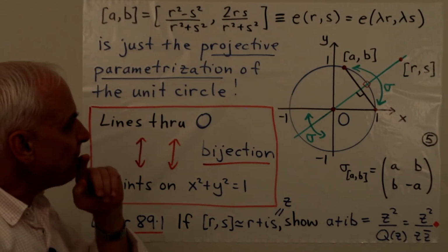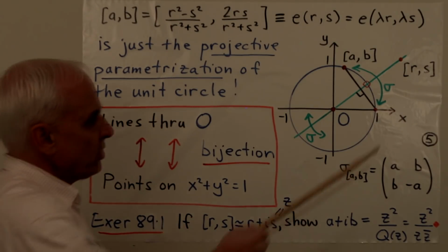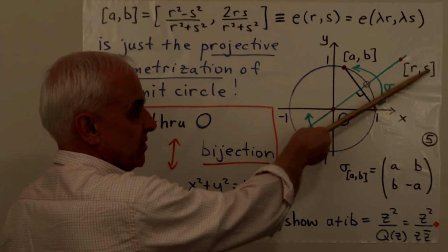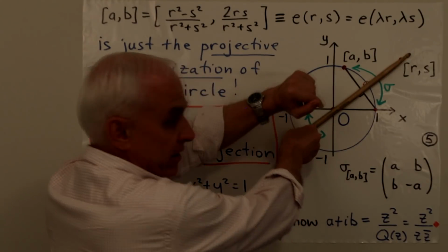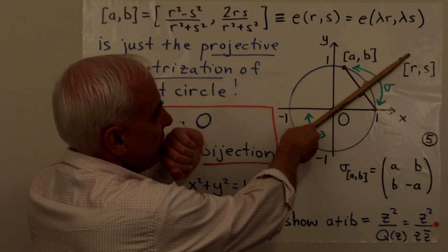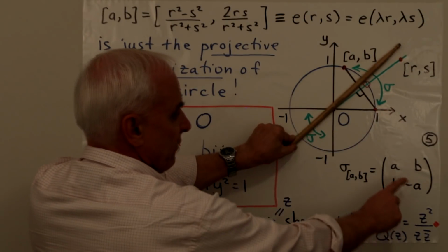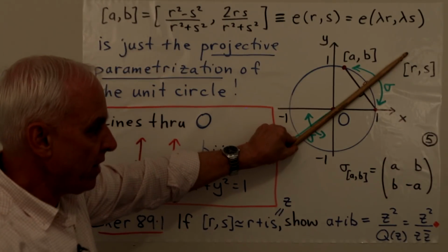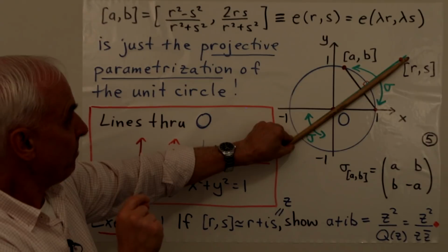Okay, so adopting this purely rational point of view, what have we accomplished? Well, first of all, we're starting with a vector, u, which in this case is in the direction of rs. And we're describing the reflection in that line. And what we've discovered is that this reflection in this line is given by a matrix of exactly this form, a, b, b, minus a, where the a and b depend on r and s in a very pleasant way.